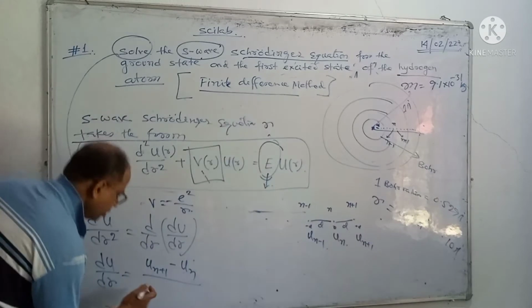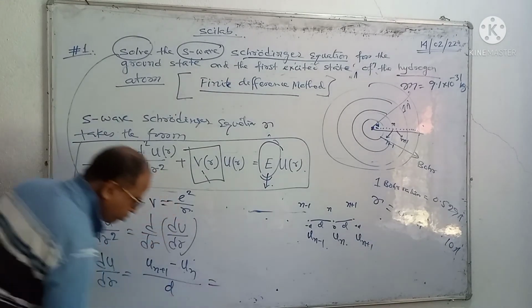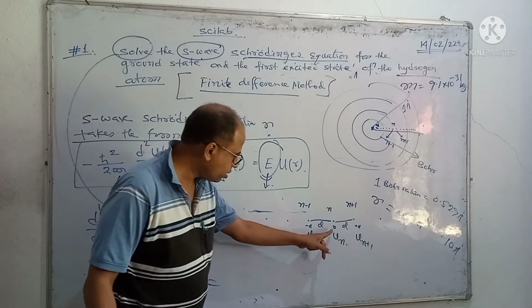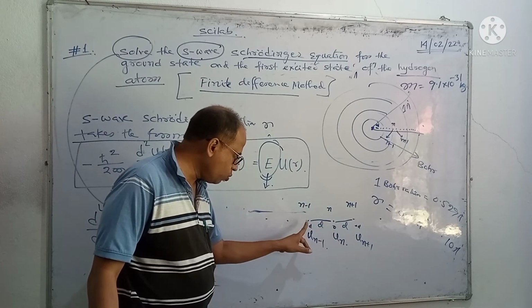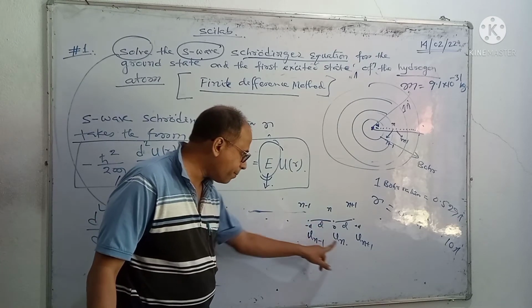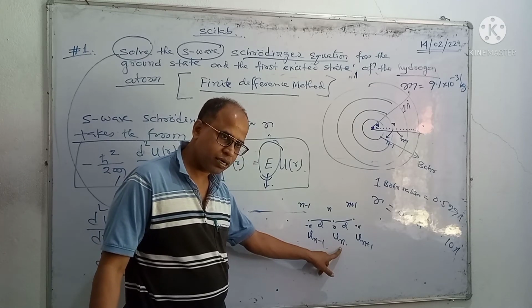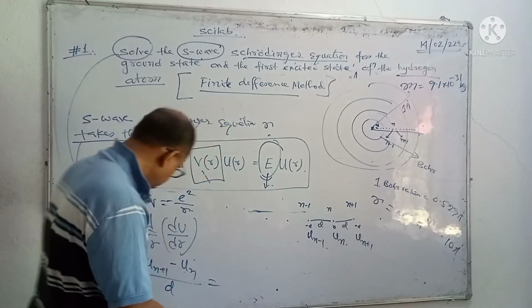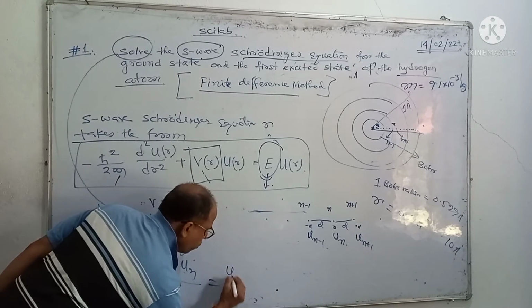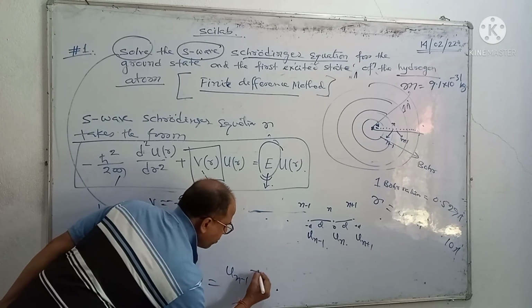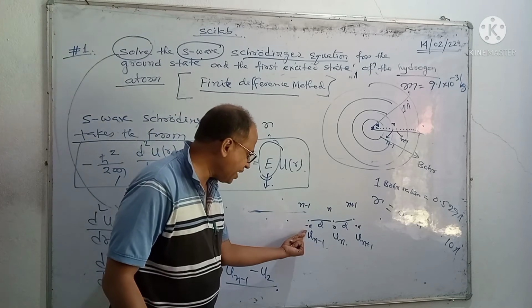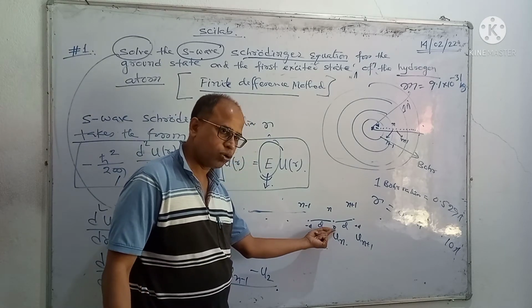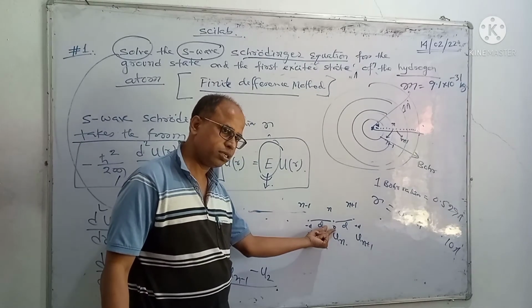Right? Therefore, d. Again, you can also write on the other side: un minus 1 minus un. du means un minus 1 minus un by, now, minus d minus 0, that is minus d.